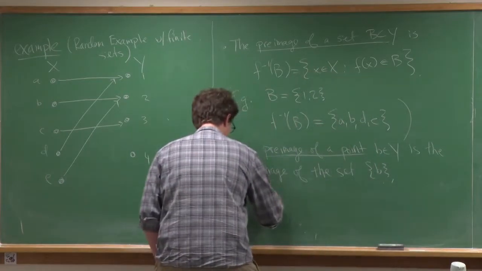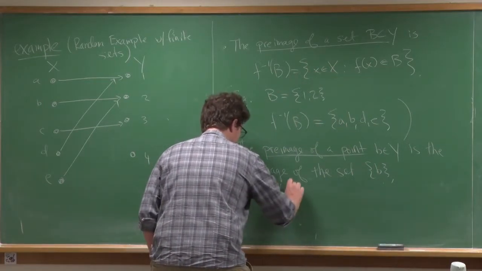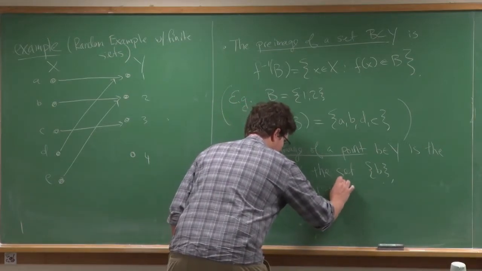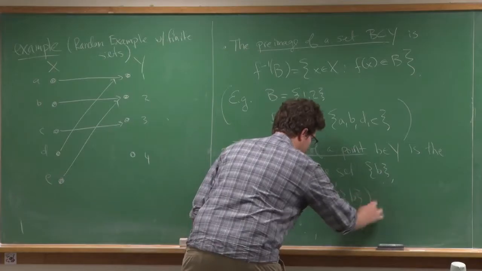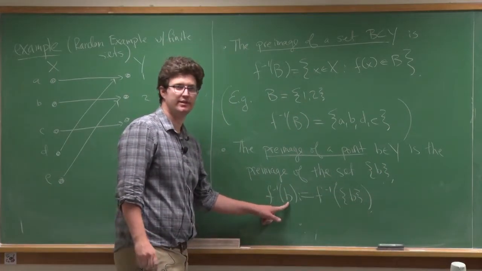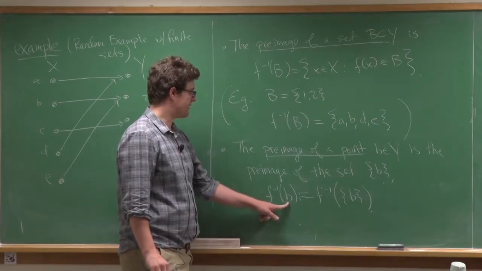Okay, so f inverse of b is defined to be equal to f inverse of this set here. So there's kind of an abuse of notation, in that you can plug in sets and points into this f inverse thing.